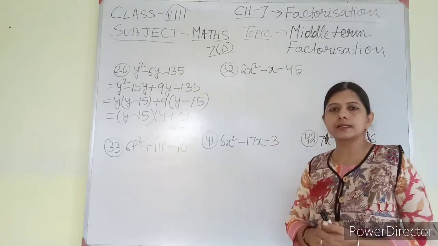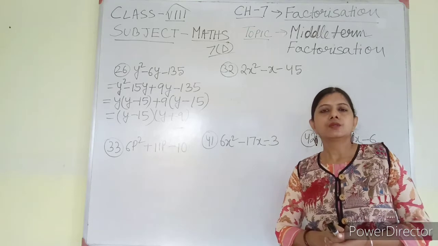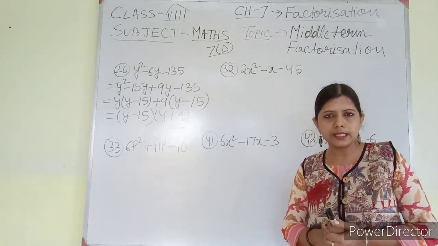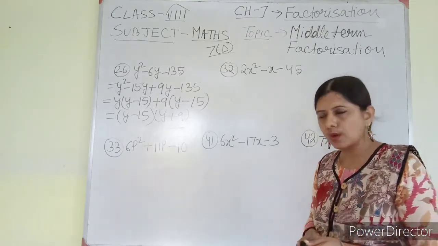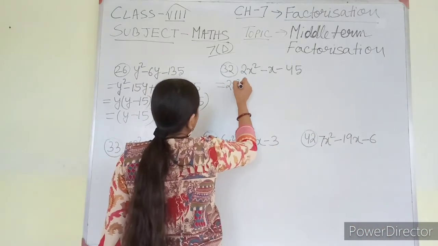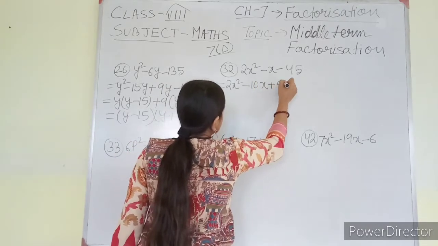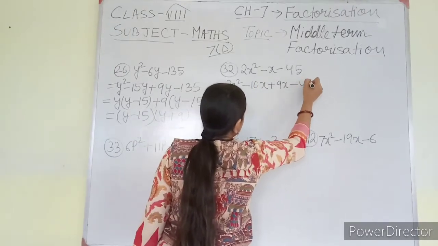Here nothing is there, that means 1. And after multiplying I can get 90. So 9 into 10 is 90 and 10 minus 9 is 1. I will use this one. So 2x squared minus 10x plus 9x minus 45.